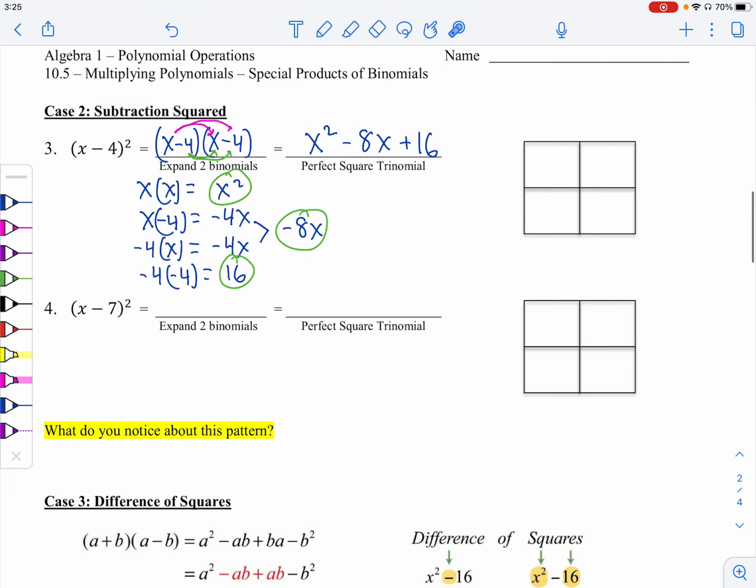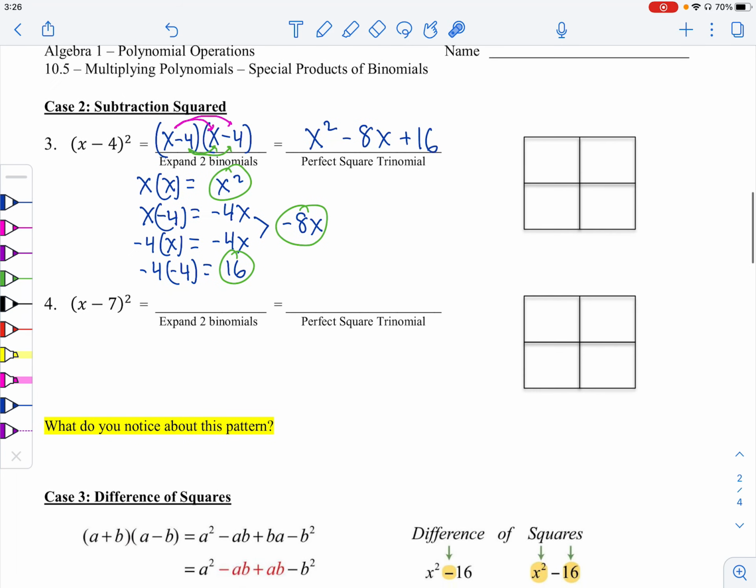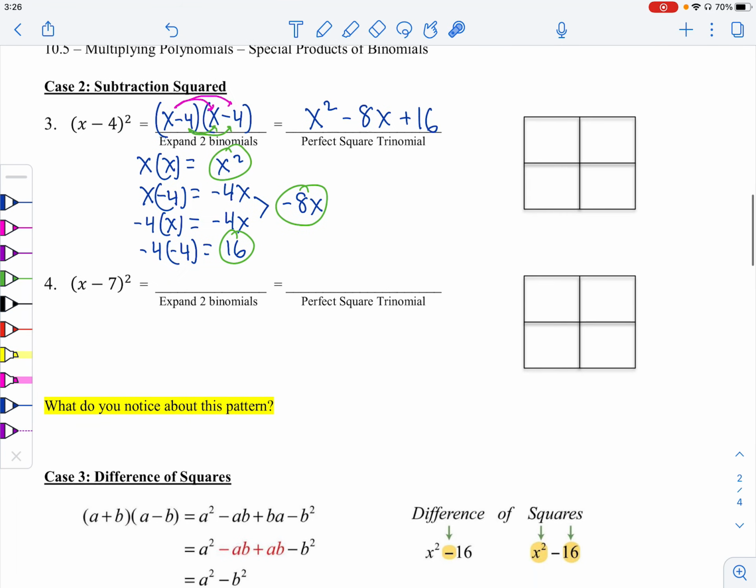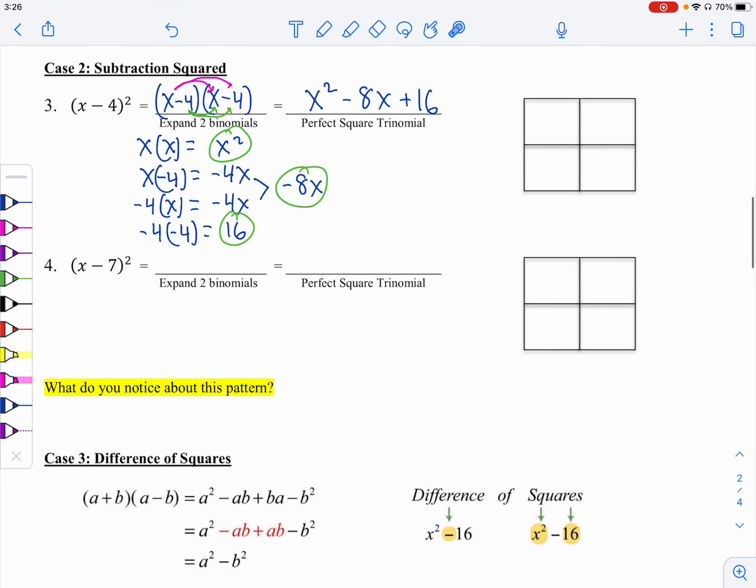Did that work for this one? Negative 4, you double it, negative 8. Negative 4 squared, or negative 4 times negative 4, positive 16, right? You see that pattern. So same pattern. Start with a binomial squared, and then you add the middle terms, multiply to get the last term.